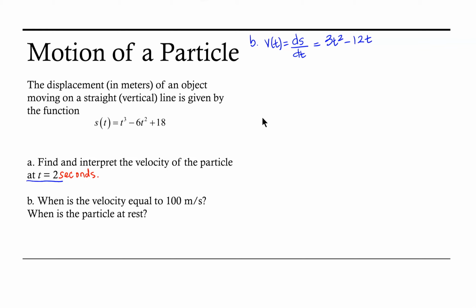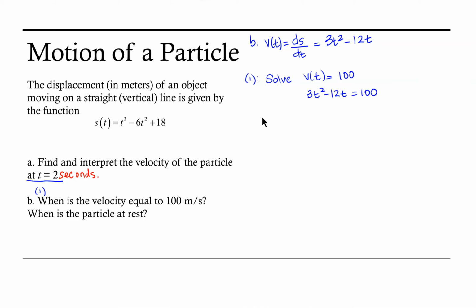So to find out when the velocity is equal to 100 meters per second, so part 1 here, we need to, in essence, solve the equation v of t is equal to 100. So that means 3t squared minus 12t is equal to 100.